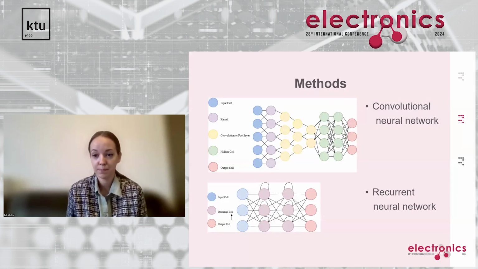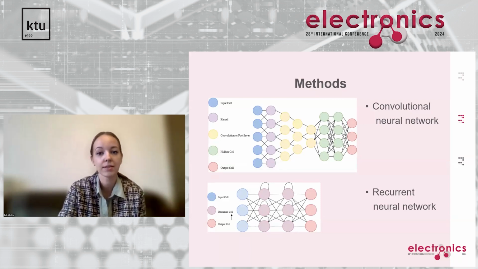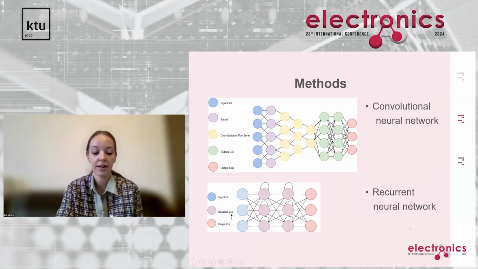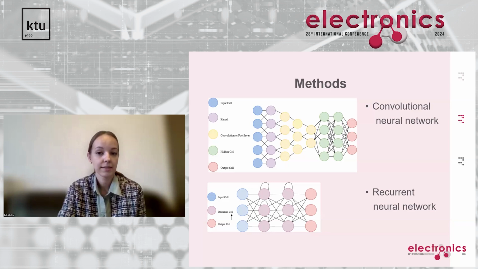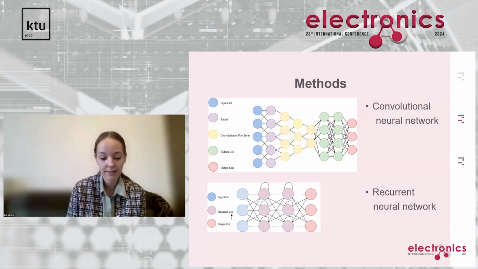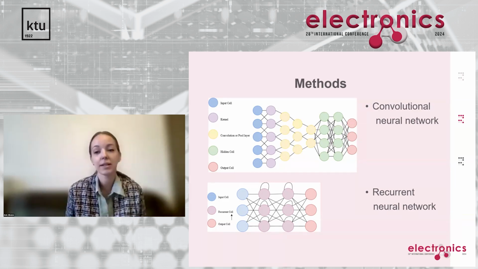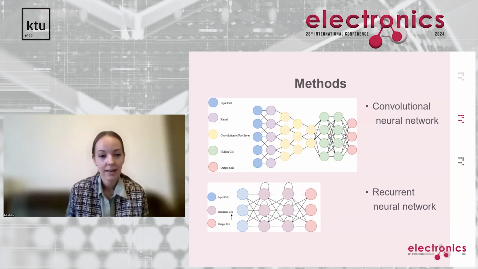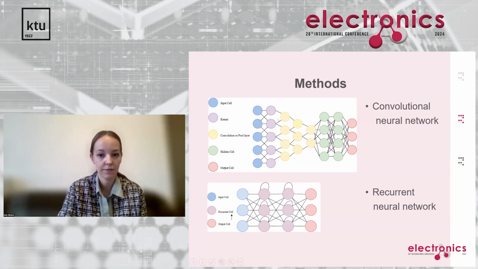For this review, two artificial neural networks were taken into account. First of them is the convolutional neural network, and the second one is the recurrent neural network, as well as their hybrids. Since CNN is widely used for image analysis and specializes in detecting patterns and linking them together in a way that makes sense, it was used, and this is the basic structure of such a neural network, whereas the recurrent neural network is used to process sequences.